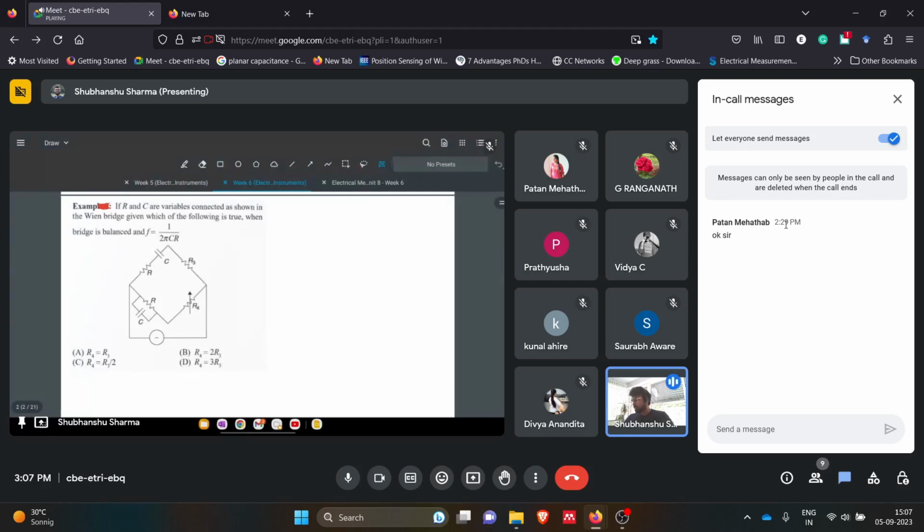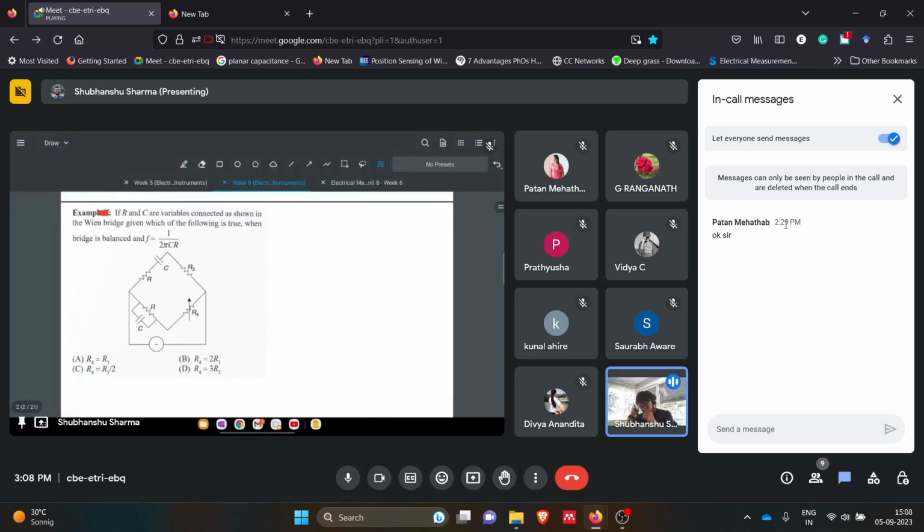In this question, the question says that if R and C are variables connected as shown in the Wien bridge, so this is the configuration for a Wien bridge, then the bridge is balanced at f equals 1 by 2 pi RC.